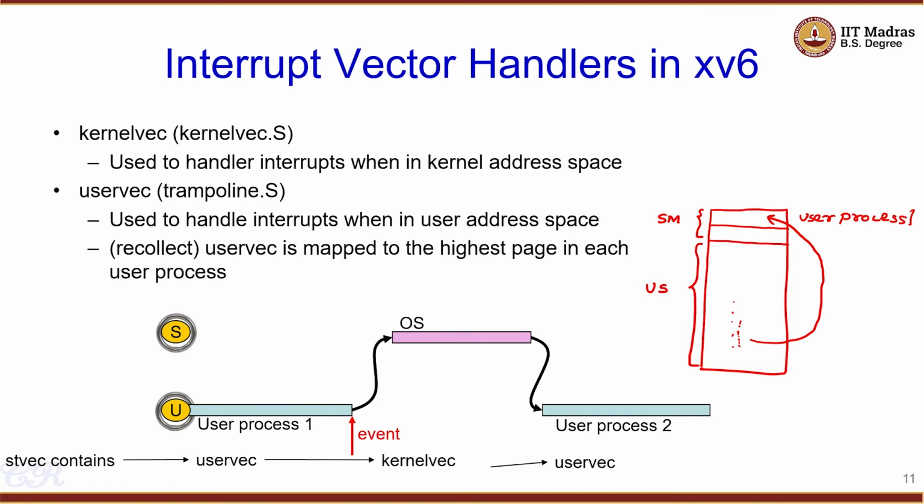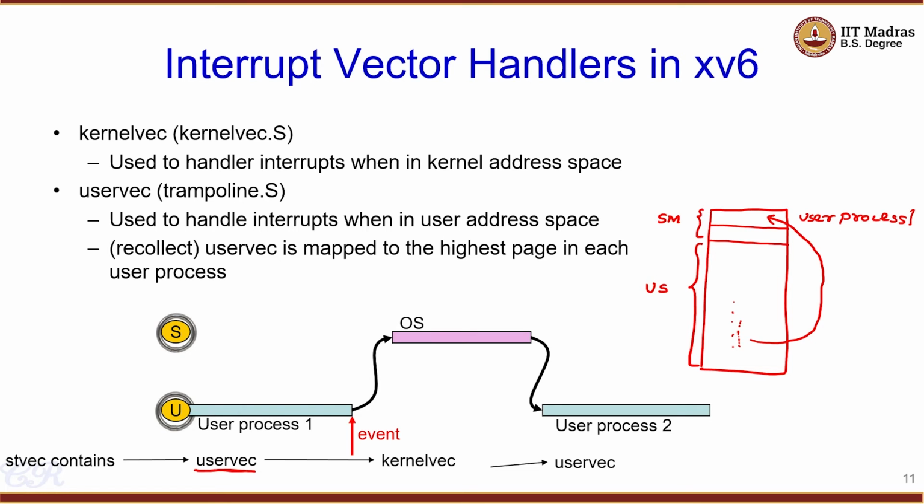So, in our case, when this event occurs, the function kernel vec gets executed. The kernel vec is essentially present in the trampoline.s file in the x86 code. It is used to handle interrupts when in user address space.